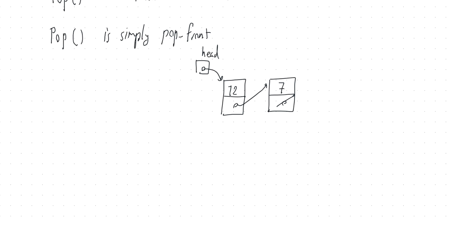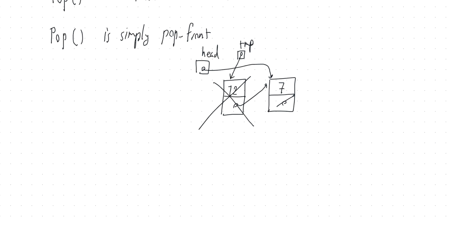Now we want to pop. So I need a temporary pointer that points to this node. Then I update head so that it points to the second node. And then I use temp to deallocate the memory that was allocated to what used to be the first node, and then I'm done. Okay, so that's it.